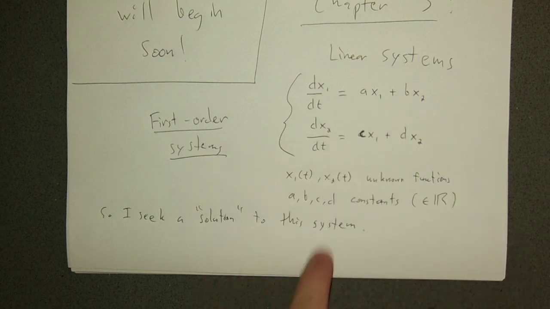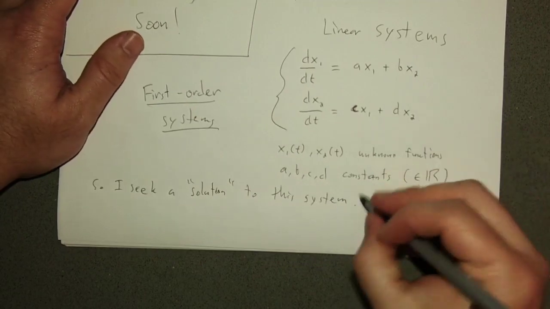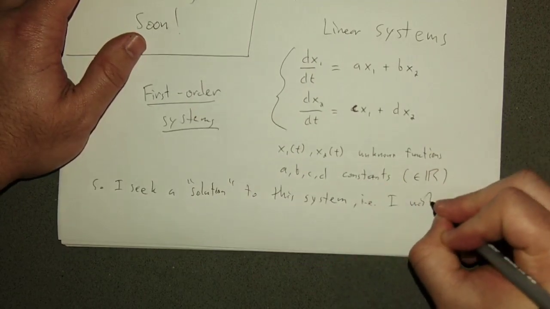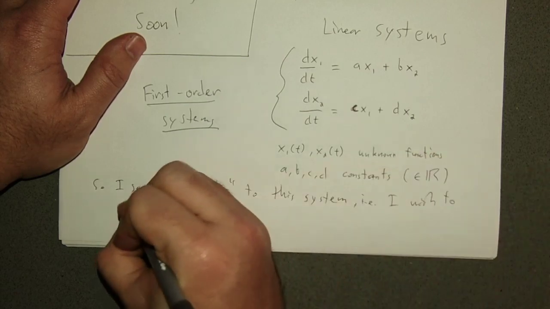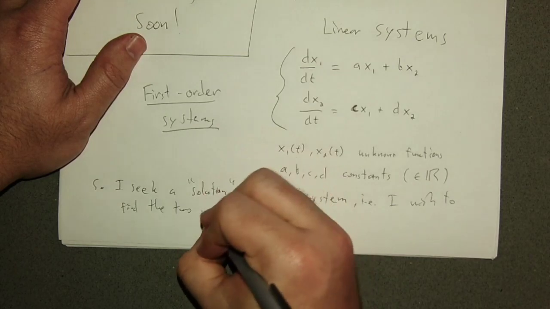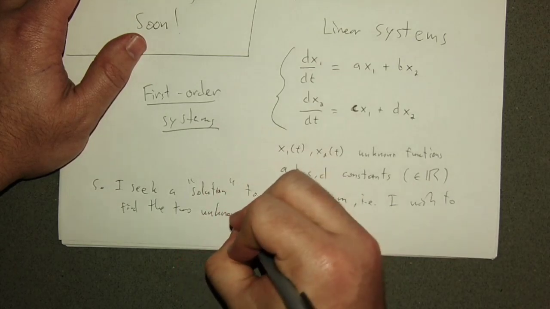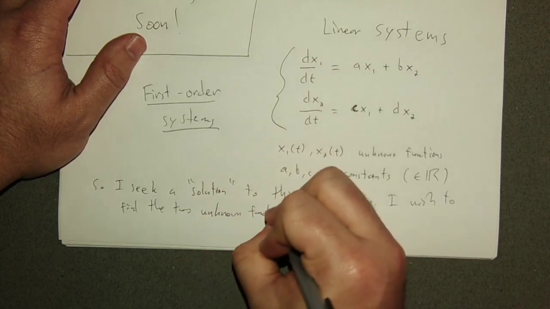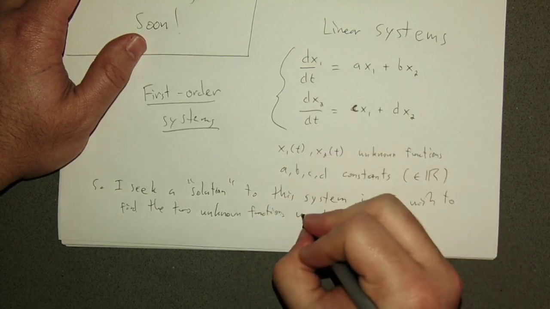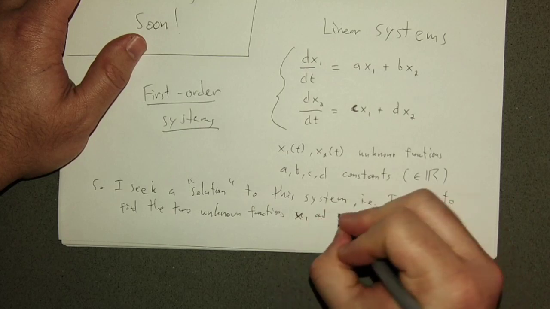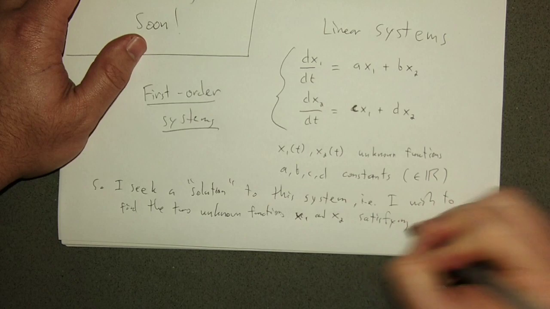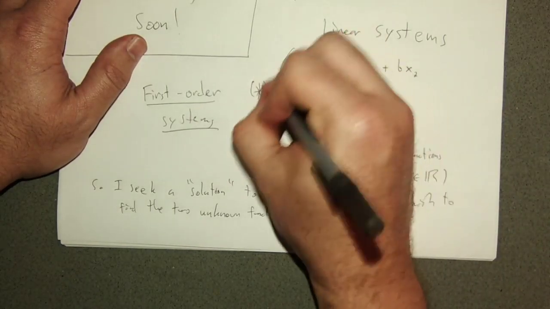So seeking a solution to this system, i.e., I wish to find the two unknown functions, x sub 1 and x sub 2, satisfying, call this star.